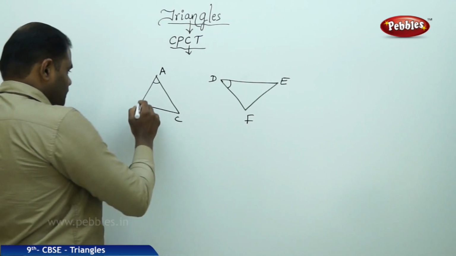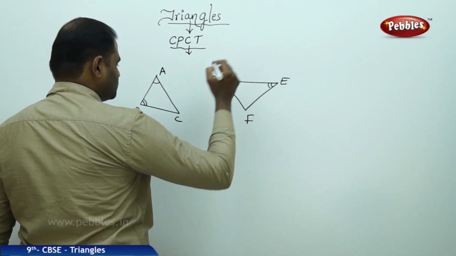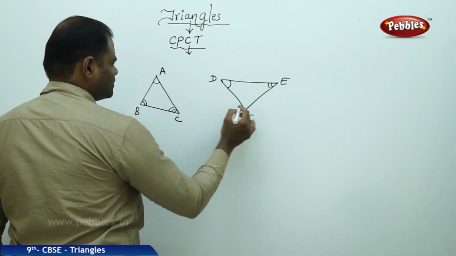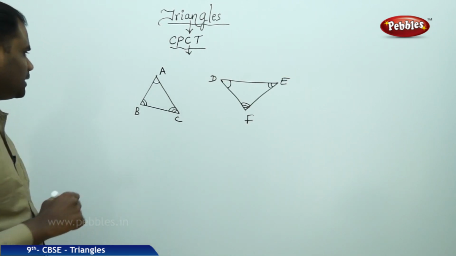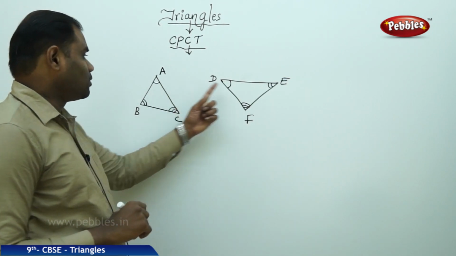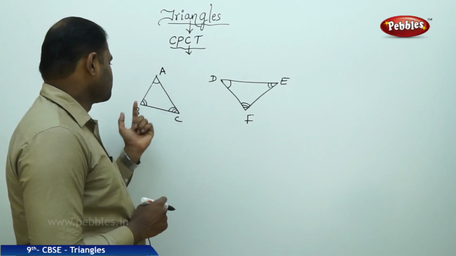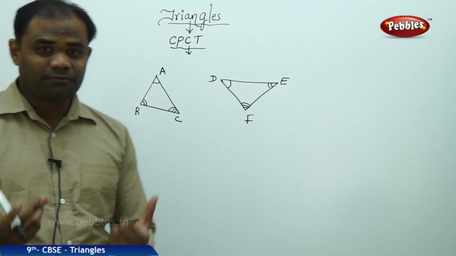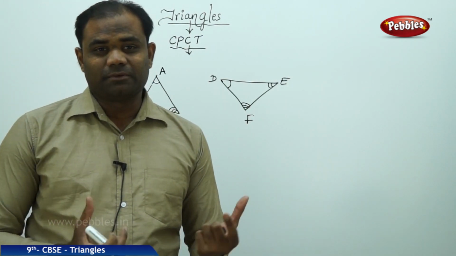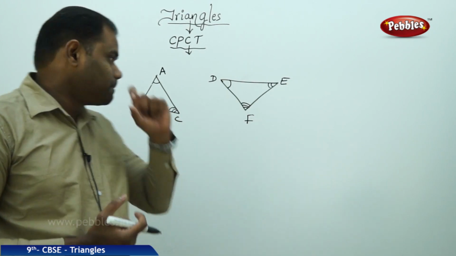Then let my angle B be equal to angle E and my angle C equal to angle F. Then clearly I understand that the corresponding angles are equal. I do not represent saying that A equals D, B equals F and C equals E, but there is a fixed correspondence between the angles of the first triangle and the angles of the second triangle.